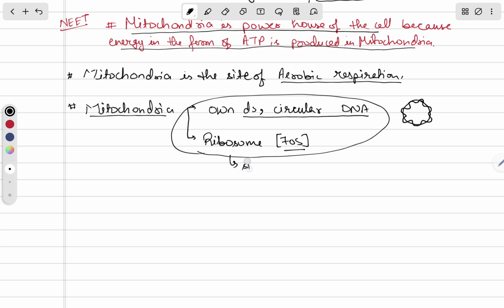So these two features are similar to that of a prokaryotic cell. Hence we say mitochondria have an endosymbiotic origin.